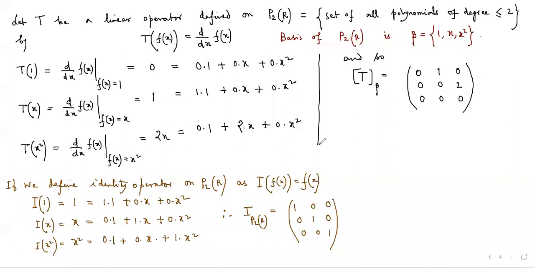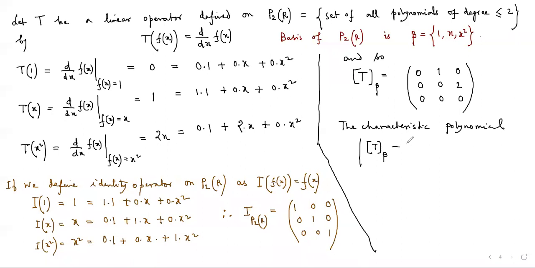Now, this is the first phase. We have got a linear operator and we have found its matrix representation. The next phase is to find the characteristic polynomial of this matrix. The characteristic polynomial will be obtained as the determinant of this matrix minus lambda I beta, where beta is the basis, which is equal to 0.